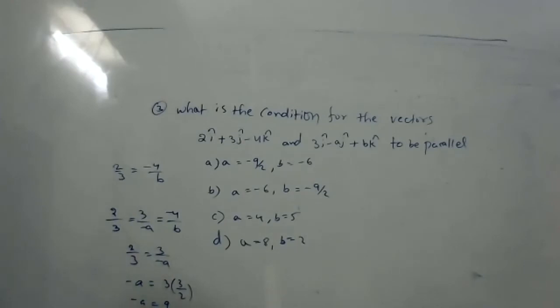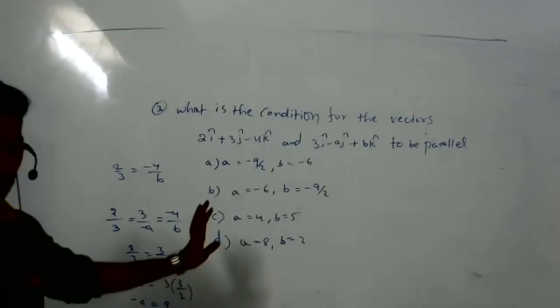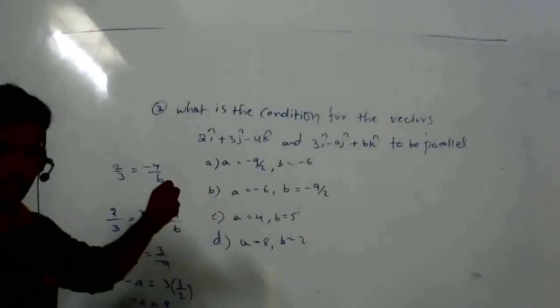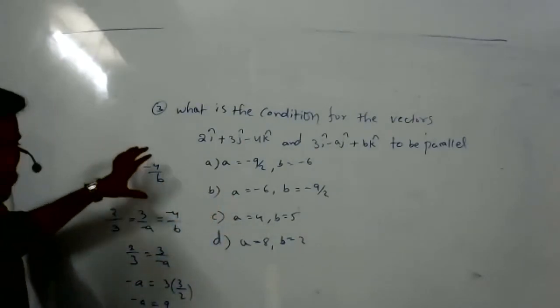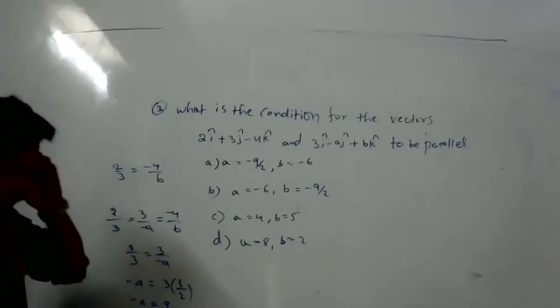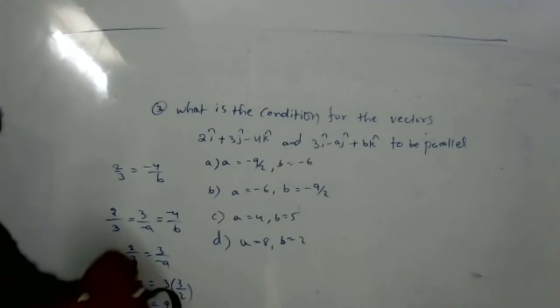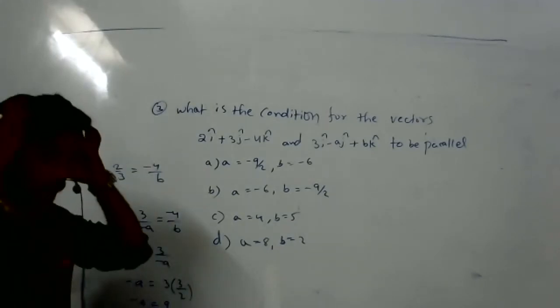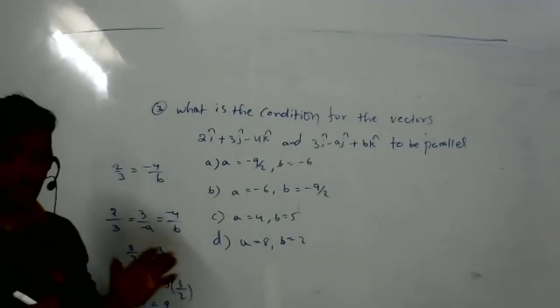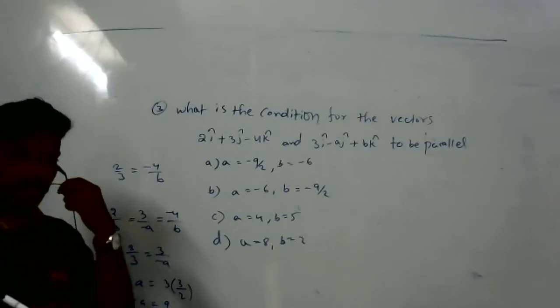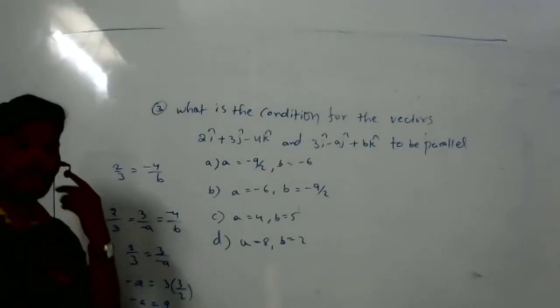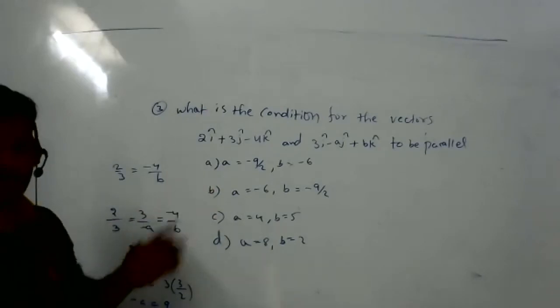But I didn't really understand the question. What does it mean to be parallel? Parallel means the cross product is 0, that we know, right? Cross product is 0, right? That's a property.